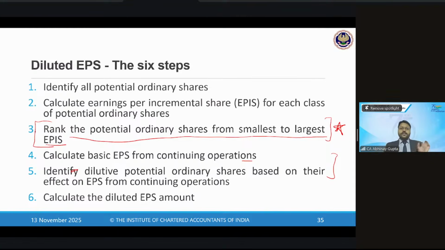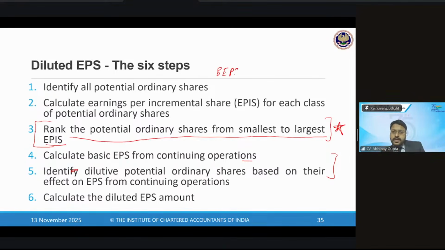In that case, my basic as well as diluted will remain same, right? So I will not present my diluted earning per share because it is not dilutive, it is anti-dilutive. I will say basic and diluted earning per share are equal, and whatever the basic earning per share is coming, I will present that. So in that case, one line disclosure is generally made.